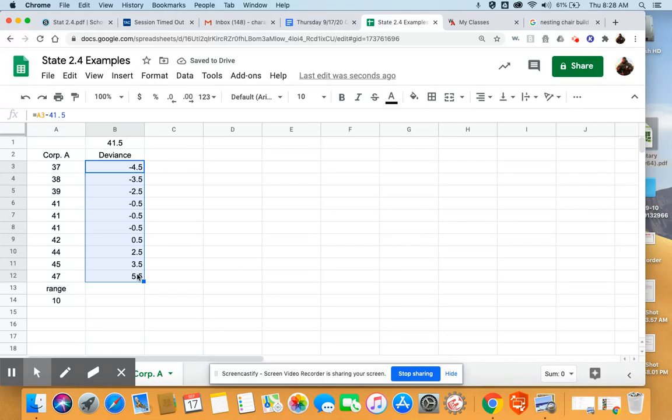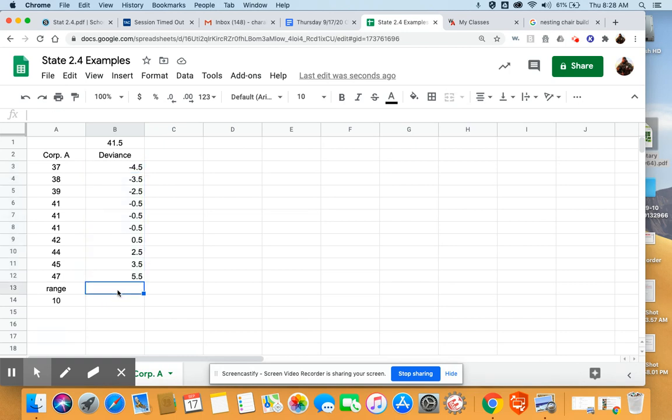values. Now, here's the problem with deviation. If you think about what average is, and how you calculate average, for every value that is 3 above the mean, there should be another value that's 3 below the mean. That's what average is.